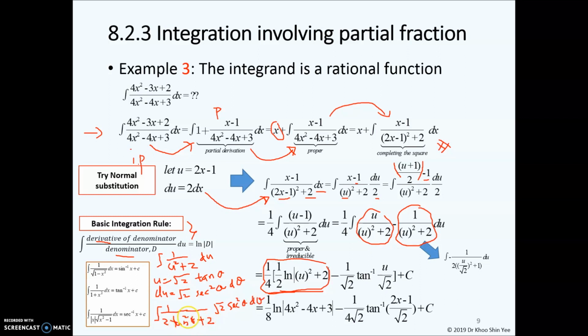You should know that tangent squared theta plus 1 is equal to secant squared theta. So this term you can take the 2 out, this one becomes 1. So this whole term here, you can further reduce it to secant squared.